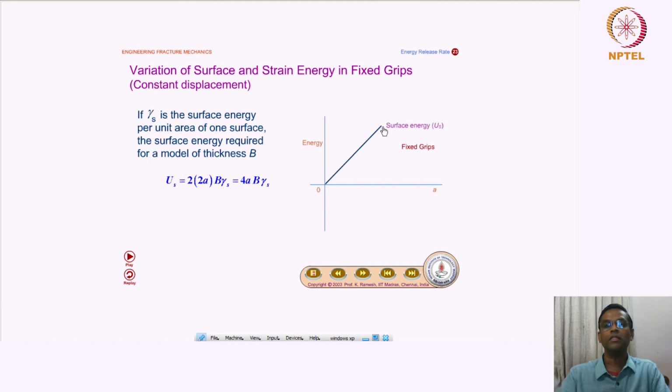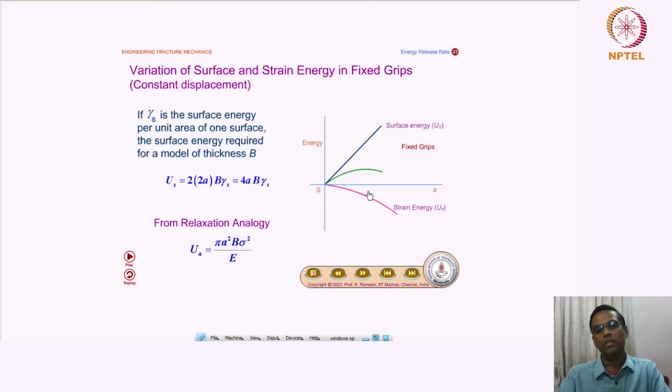This is the surface energy for fixed grips, and from the relaxation analogy we got this expression, U_A equal to pi a square B sigma square by E. This is a straight line, and what does this curve show? This is a kind of square, so that means a parabola, a second degree curve. So the net is something like this.